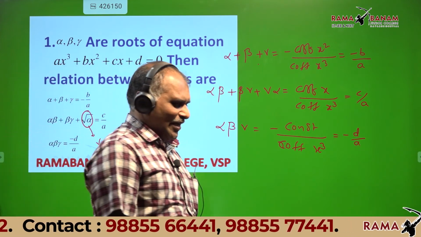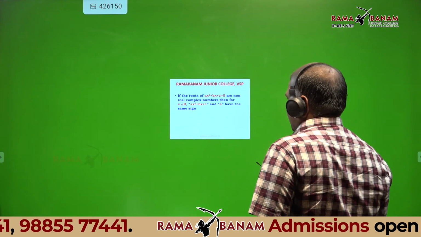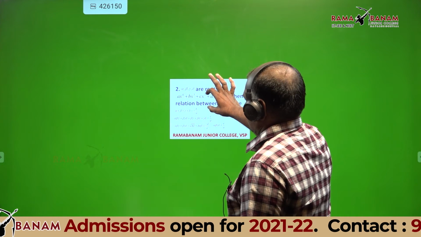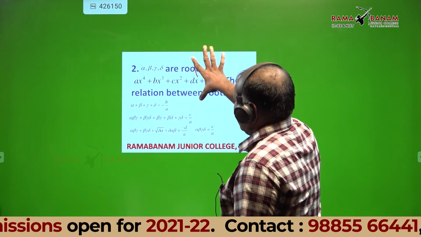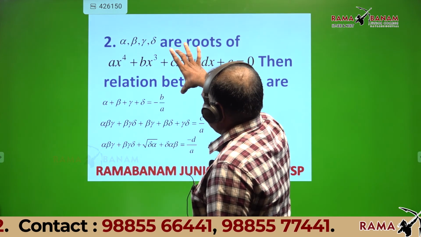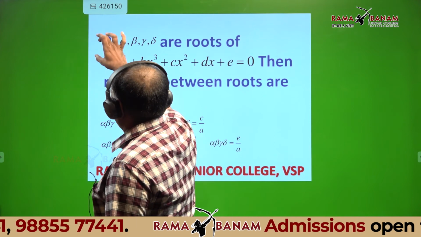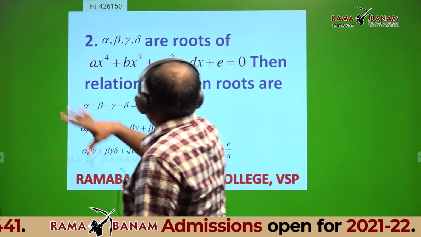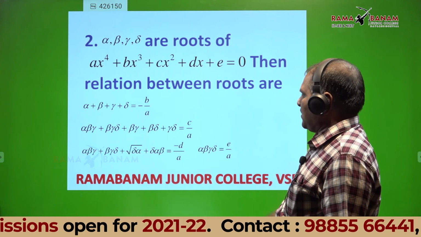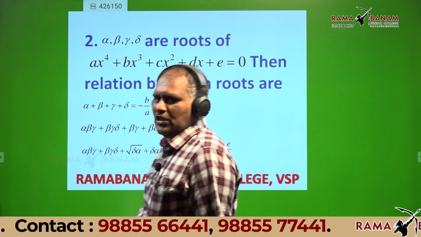Next, similarly, the fourth degree equation. In the fourth degree equation, it is the same as this one. Alpha, beta, gamma, delta are roots of ax power 4 plus bx cube plus cx square plus dx plus e is equal to 0.